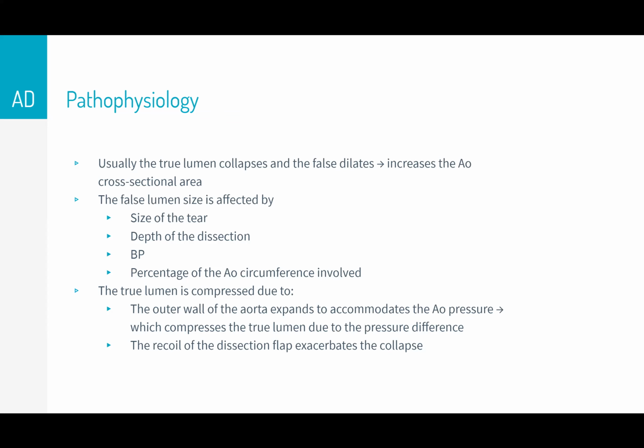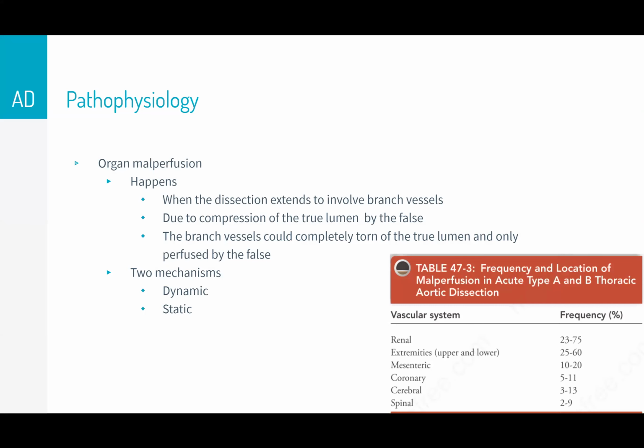The recoil of the dissection flap also exacerbates this collapse because during heartbeats, between systole and diastole of the heart cycle, the flap is moving between the true and false lumen. And this recoil or movement also exacerbates the compression of the aortic lumen. I will show this dynamic of compression of the aortic lumen when we go into the imaging part. There are interesting videos. I hope I can show them and my internet does not collapse.